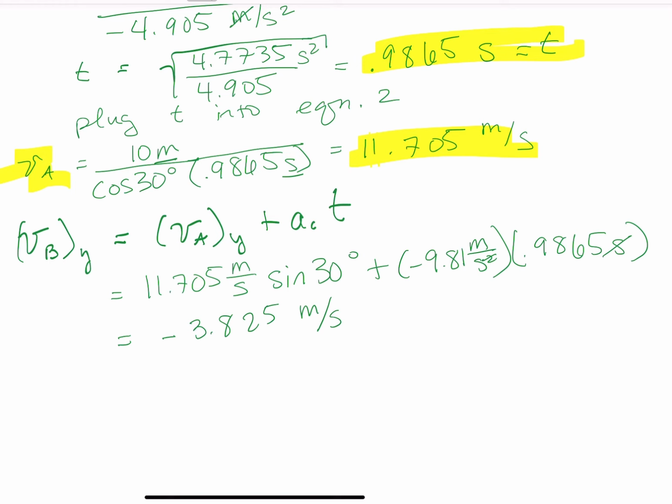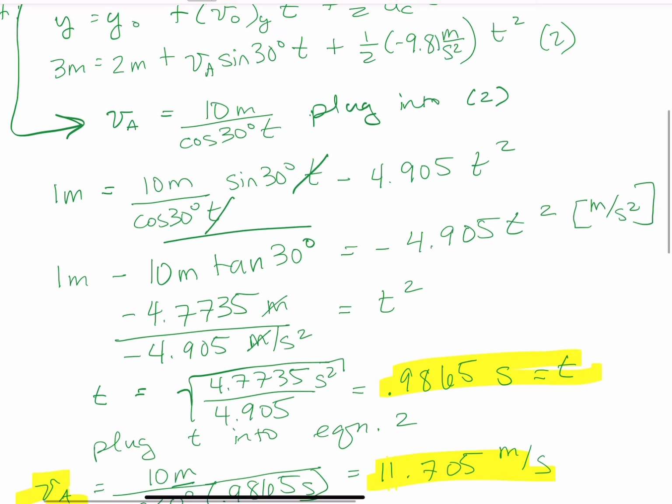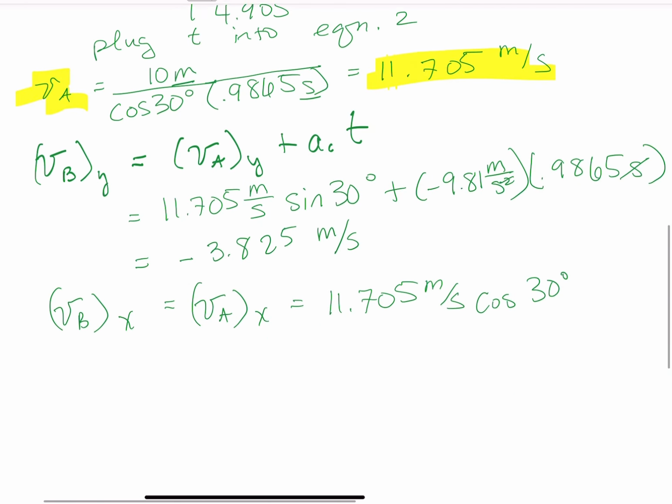And we also need to know the VB in the x direction. So we know there's no acceleration in the x direction. So VB in the x direction equals VA in the x direction, which equals that 11.705 meters per second times the cosine of 30 degrees. It's just this here times the cosine of 30 to get that x component.